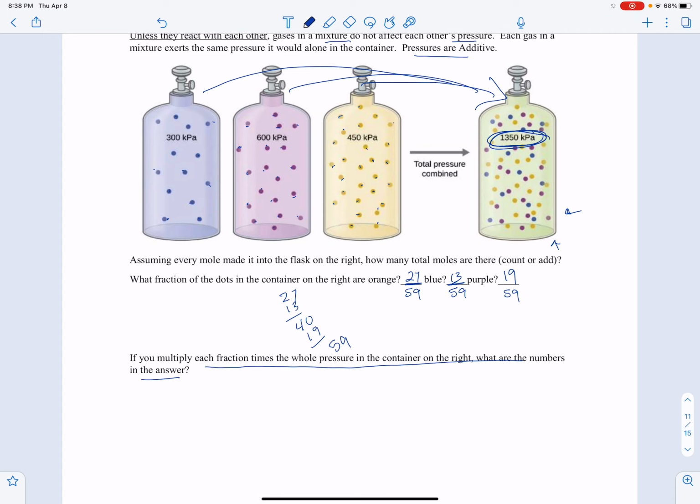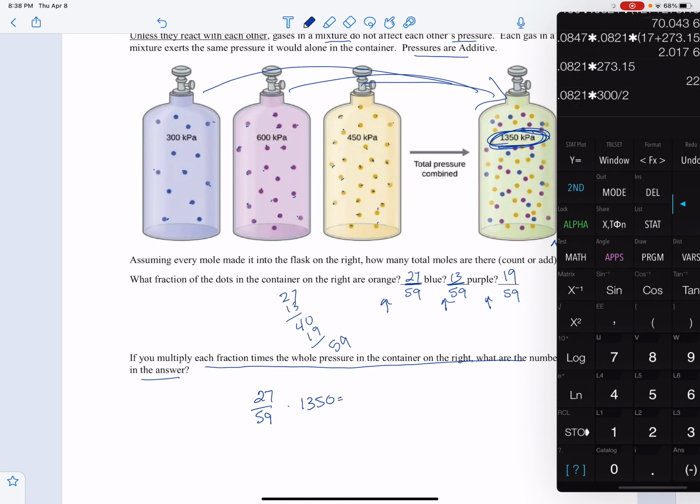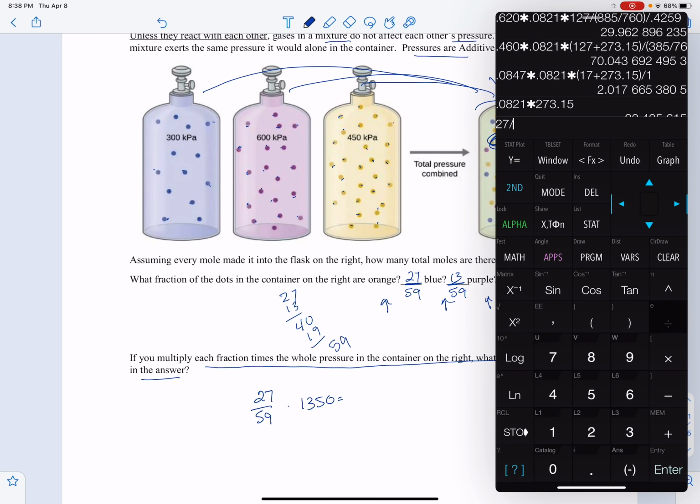So if we want to know how much of this pressure comes from, say, the blue ones or the purple ones or the orange ones, well, there is a way to tell. All you have to do is take, let's try the orange, 27 over 59 times that pressure. 27 divided by 59 times 1350.